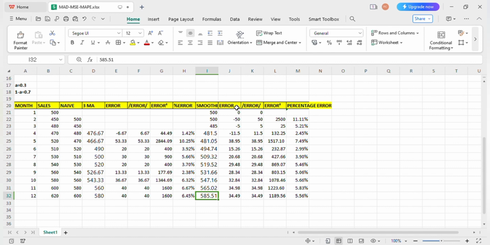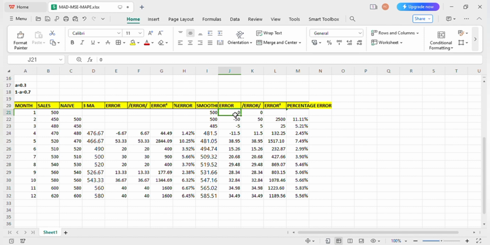So after that, we have to calculate the error, the absolute error, the error squared, and percentage error again. It's the same procedure, but let me introduce it to you so you have an idea that they have the same procedure.